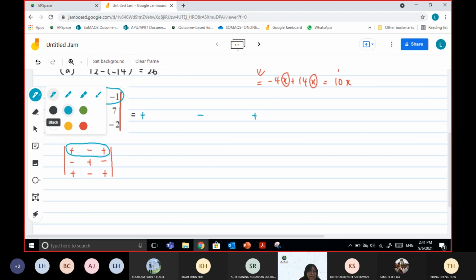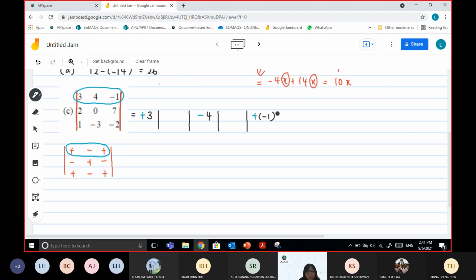Then we take the values for the first row, so 3, 4, and minus 1. After that, we take the 2 by 2 determinants. When we start with the first value, number 3, we block the first column, so we have the values 0, -3, 7, and -2.